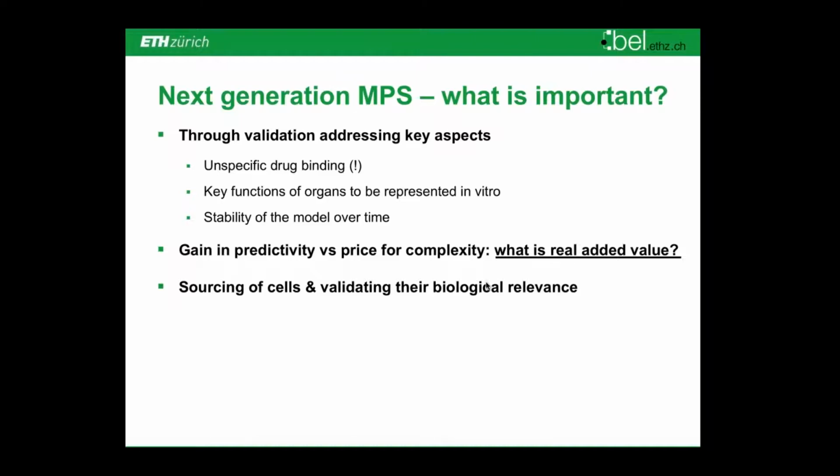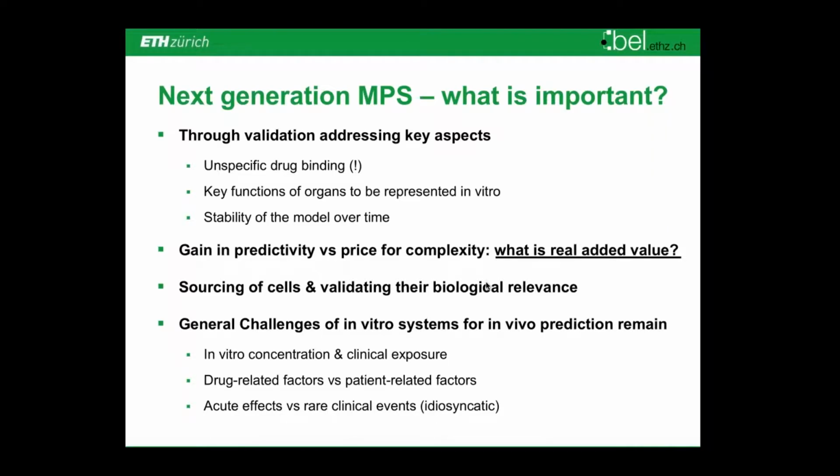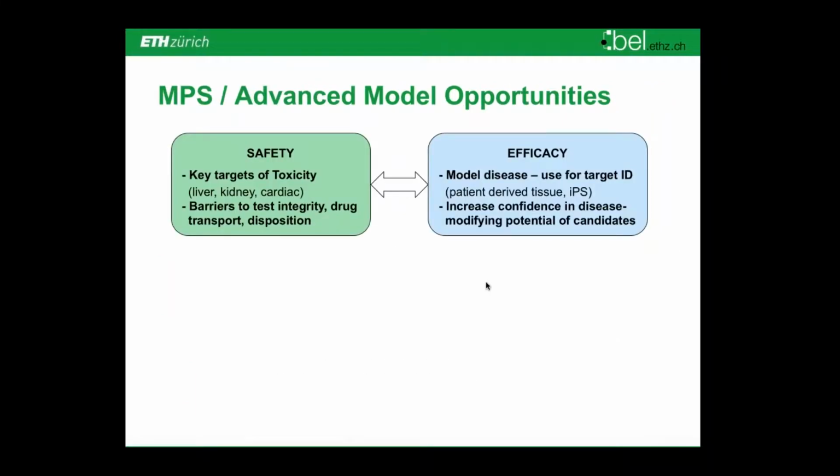So you need something a bit better, like HepaRGs or even primaries. So what do we use, and how representative are these cells? General challenges of in vitro also remain within these settings: concentration in vitro versus clinical, drug-related factors, acute effects, rare clinical events. These effects will also stay in these more complex microphysiological systems.